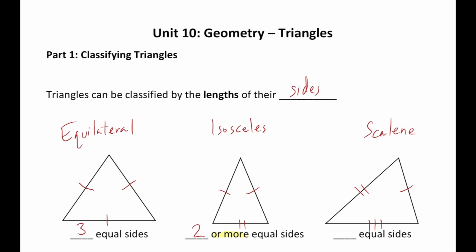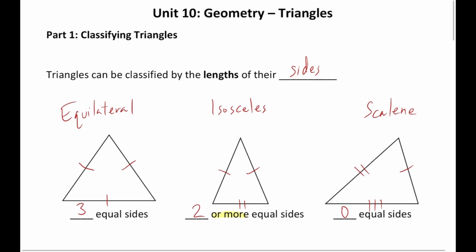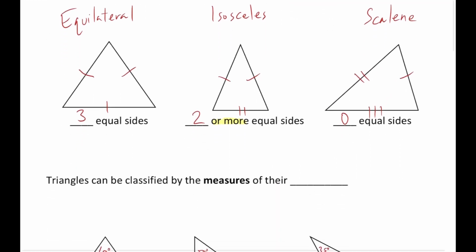Yes, it is. Because it has two or more, all of my equilateral triangles are also isosceles. So isosceles has two or more equal sides, and then a scalene has no equal sides, or zero equal sides. If I have a triangle with three different side lengths, then that is a scalene triangle. You do need to know these classifications.